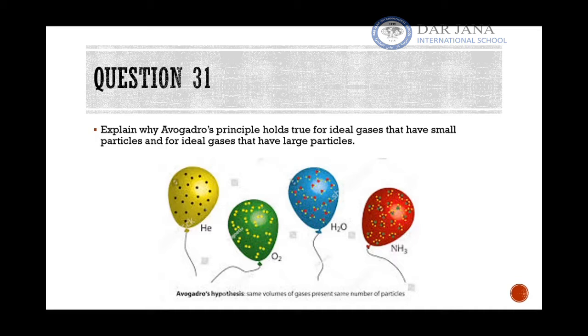If you look at the 4 balloons on your screen, you will see that they are all 4 different gases, but they have the same volume. So this means they will all have the same number of particles.